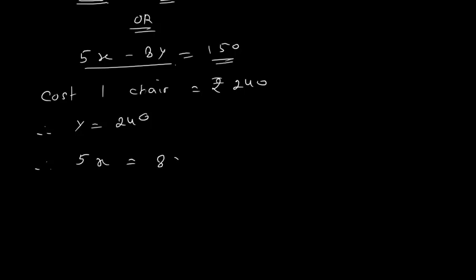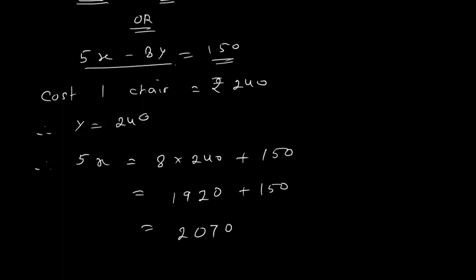So 8 into 240, 8 times 0 is 0, 8 fours are 32, 8 twos are 16, 16 plus 3 is 19, plus 150. So 0 plus 0 is 0, 5 plus 9 is 14... 0 plus 0 is 0, 5 plus 2 is 7, 9 plus 1 is 10, and this is 2. So 2070, this is the value of 5x.